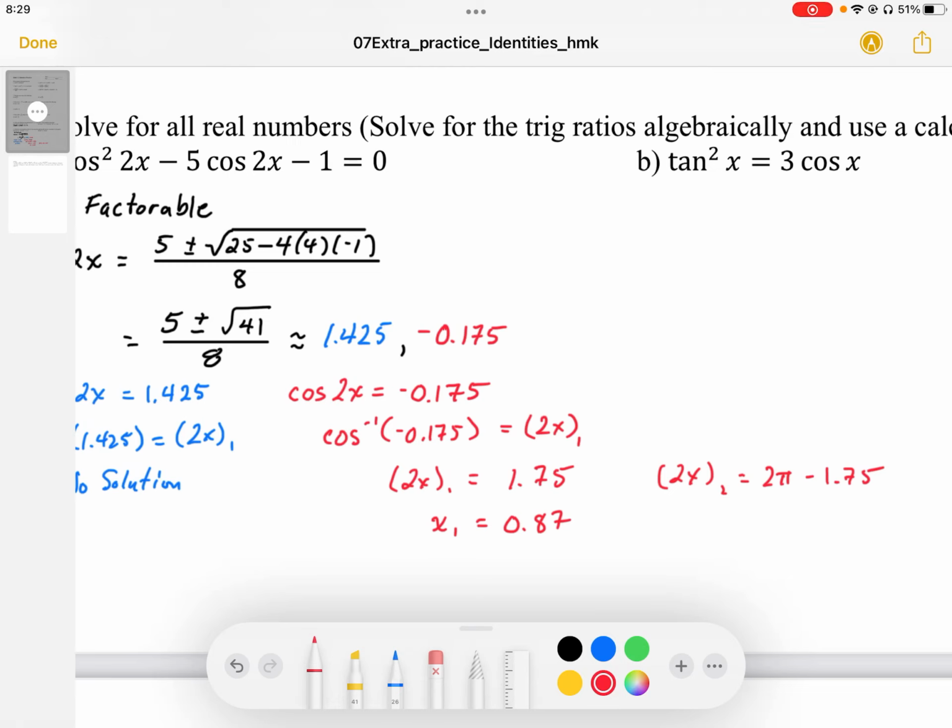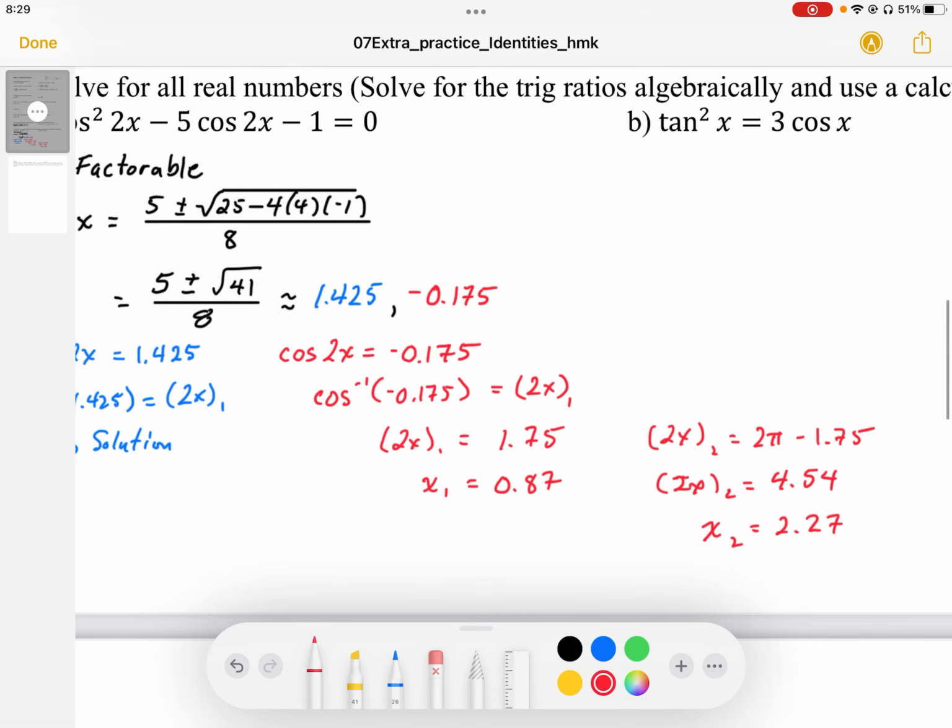That gives me 4.54, so I get 2x is equal to 4.54 radians. So when I solve for x, I'm going to divide that by 2. I end up with 2.27 radians. Okay, so I have two solutions.